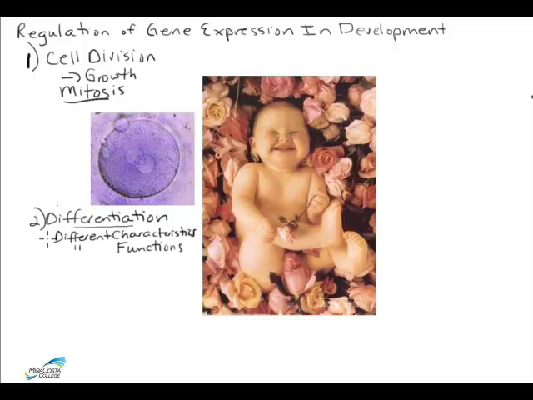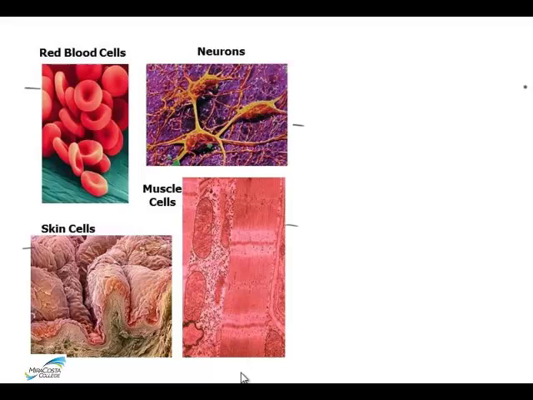Just to make it perfectly clear what we mean by different characteristics, let's take a look at a few cell types that we'd see in the human body and highlight some of the structural and functional differences that exist between these different cell types. So here are 4 types of cells that you'd see in every human being.